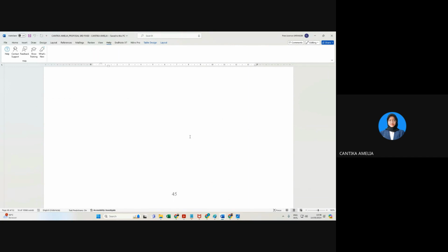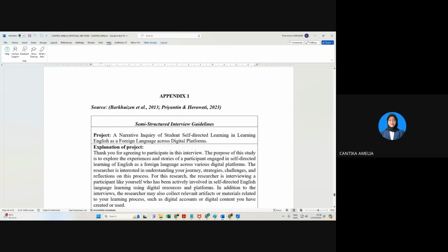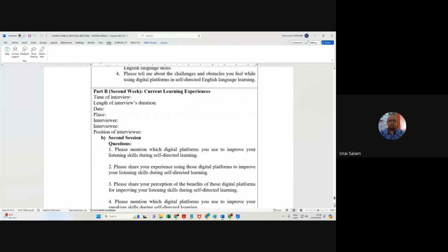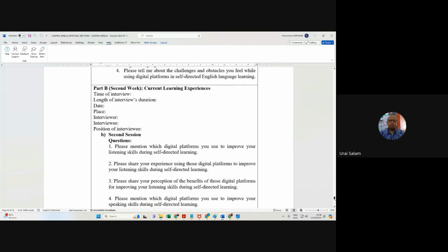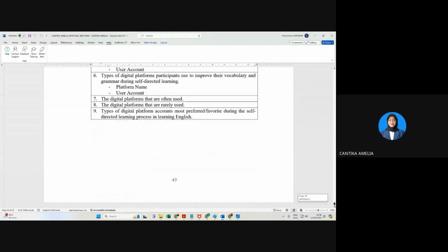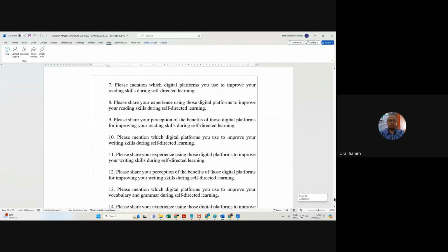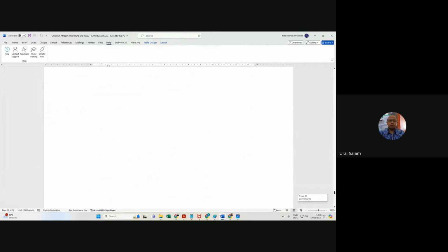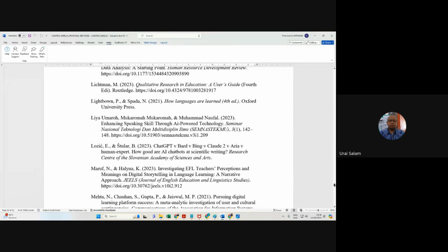So data triangulation I will use to cross check and compare the findings from the interview data and the observation data, sir. Just to cross check, sir. Yeah. So you triangulate means that you use other kinds of data, to prove in another way that your claim is correct or true in terms of the data.